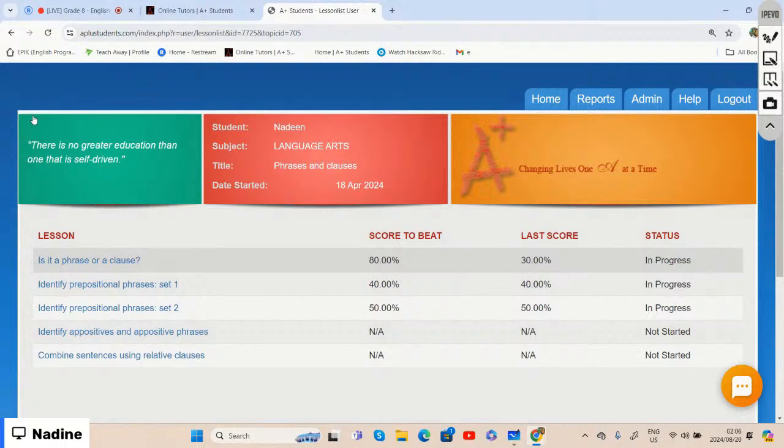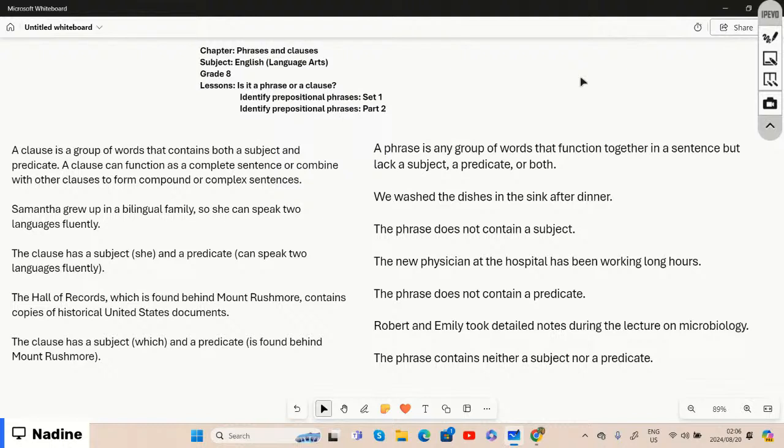All right, so we're doing phrases and clauses. Our chapter is phrases and clauses. Our subject is English Language Arts, grade 8.